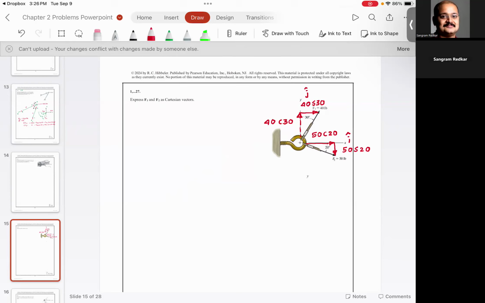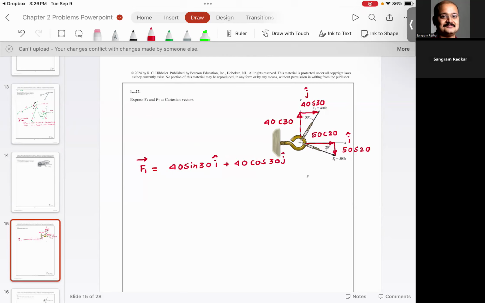Now, if I want to write these in a vectorial form, I would write F1, which is the vector, 40 sine 30 i plus 40 cosine 30 j.